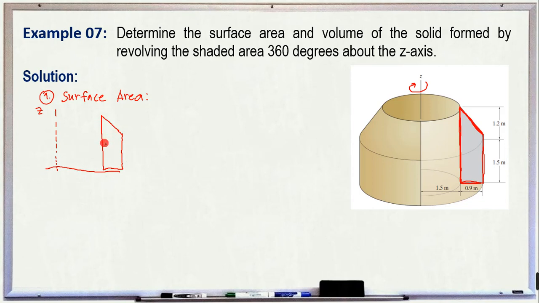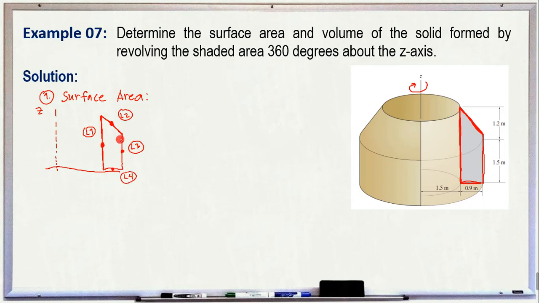Okay. So let's assign these lines. First we have our line number 1, this vertical line. This is the location of its centroid. We also have this slant line. This is the location of its centroid, in the middle. This is L2. And then this one, location of its centroid. This is L3. And then finally, we have L4.